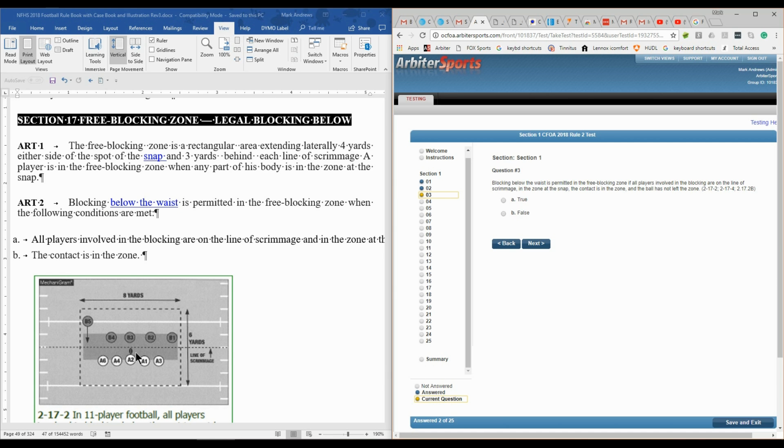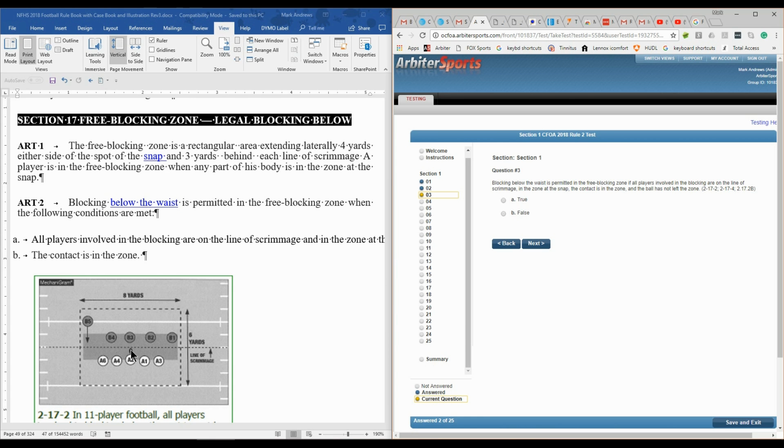Once the ball has left the zone, this zone disintegrates, and those blocks below the waist are no longer legal. Blocking below the waist in the free blocking zone typically occurs at the snap, and generally 99% of the time the quarterback has to be under center.